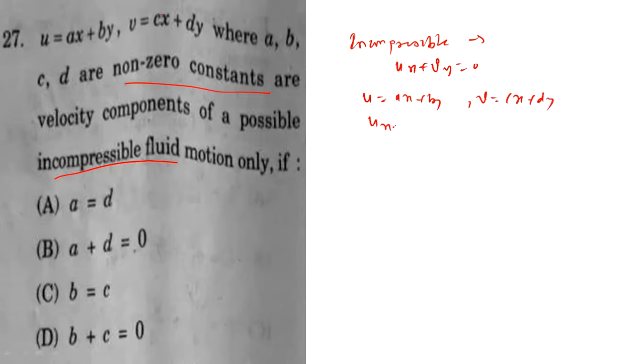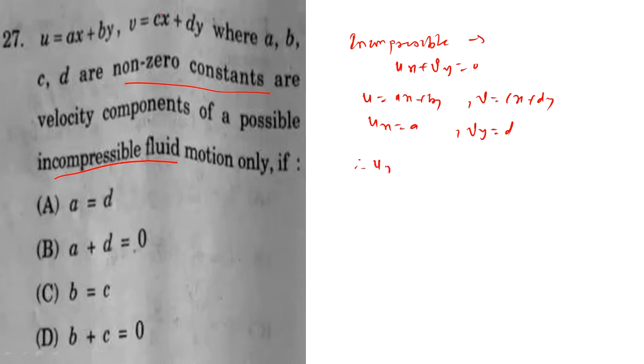I already told you that incompressible means we have to find out whether ux plus vy is equal to 0. u is given as ax plus by, and v is cx plus dy. So what is ux? ux is a. What is vy? vy is d.